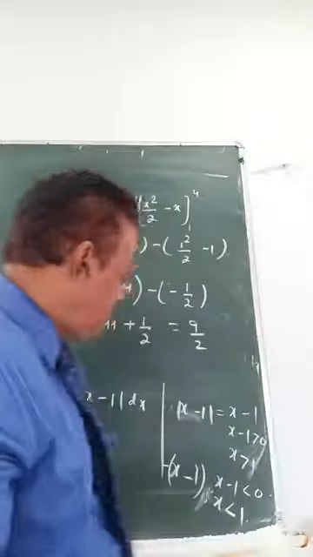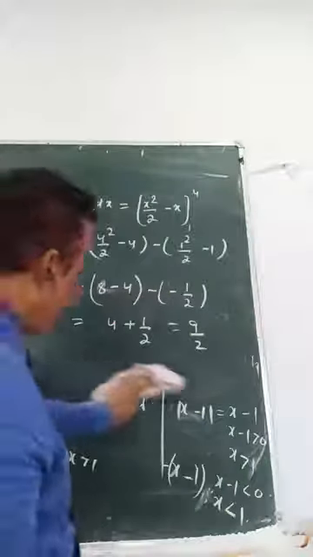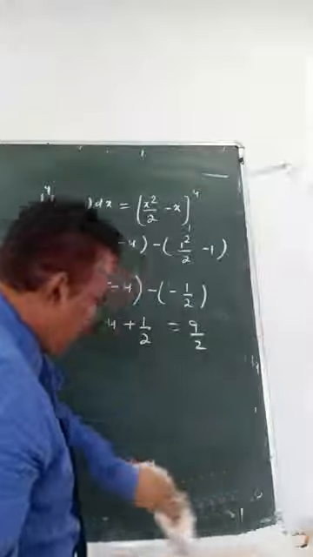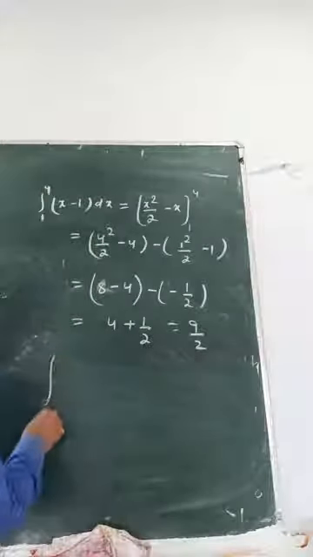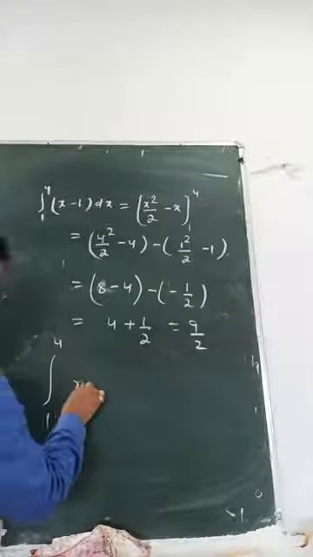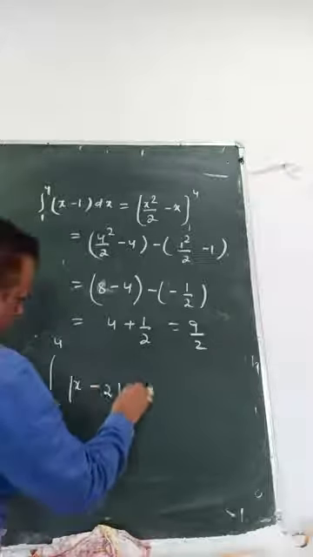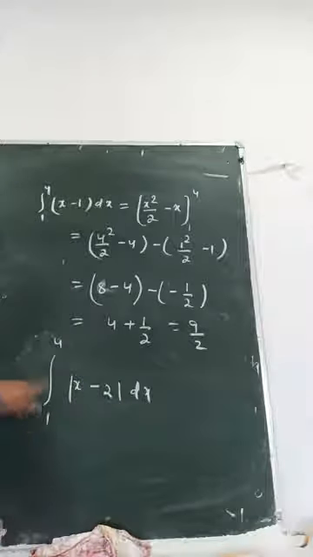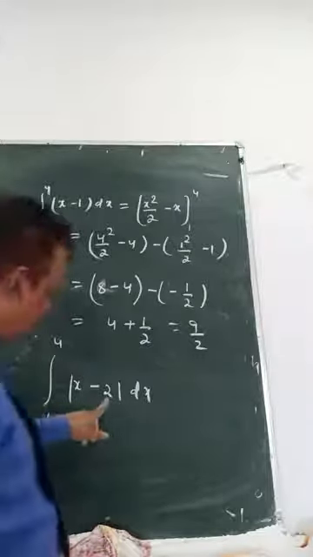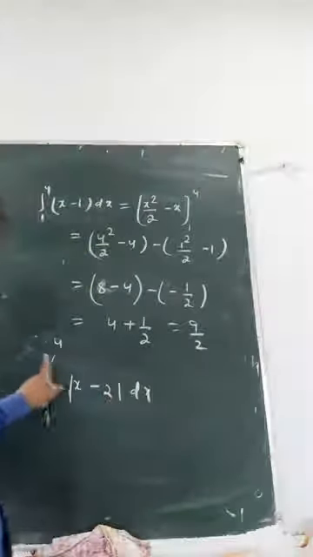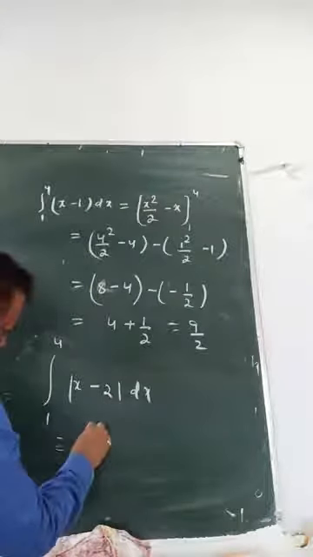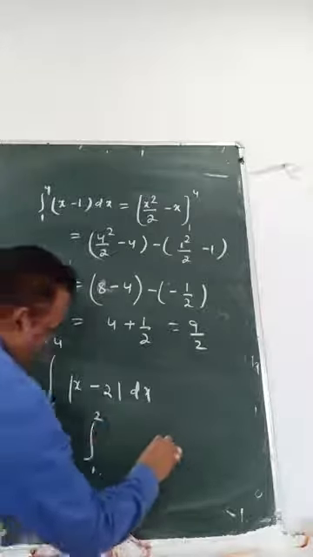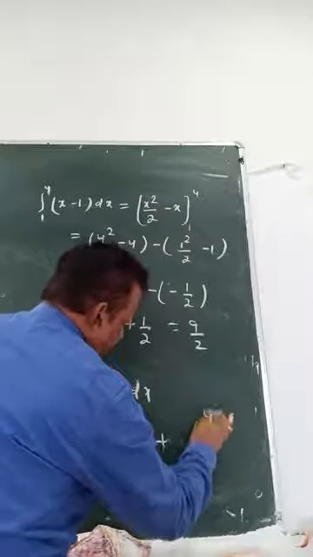Go back to the second part. What is our second part here? Now integration 1 to 4 modulus of x minus 2 dx. Here between 1 and 4 you are finding a point 2. That means you can break it as 1 to 2, 2 to 4.